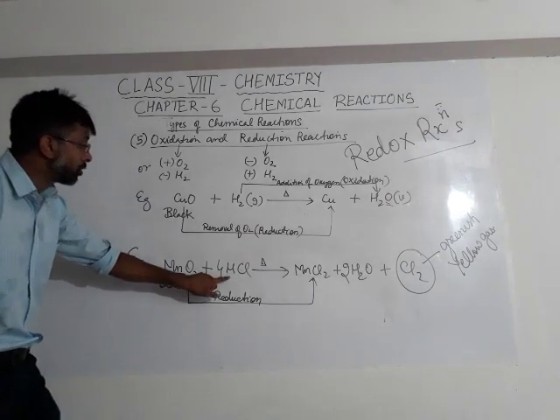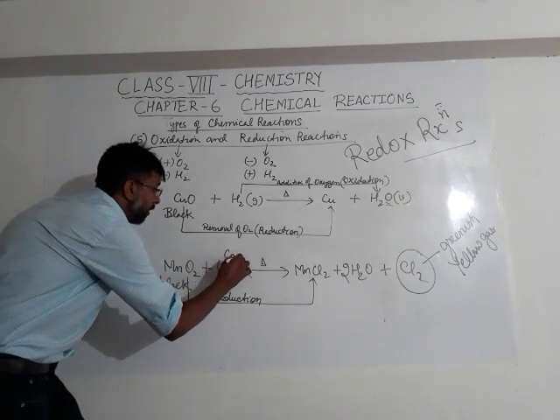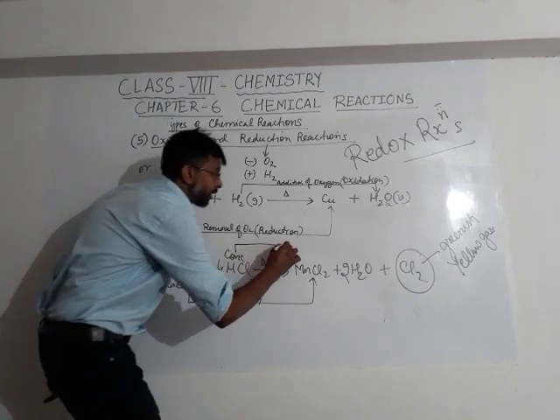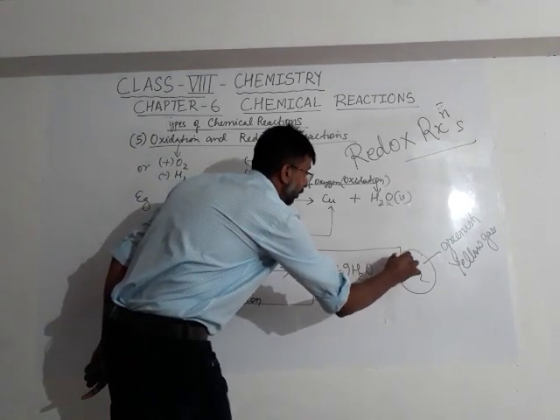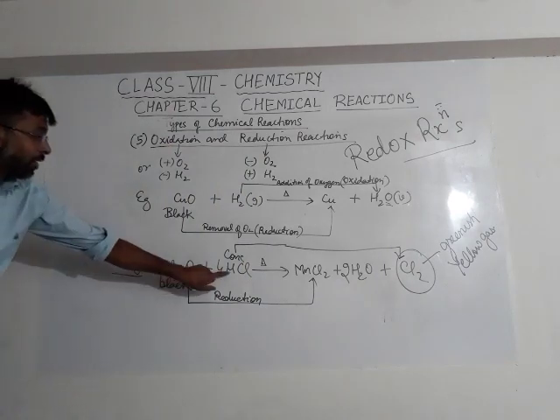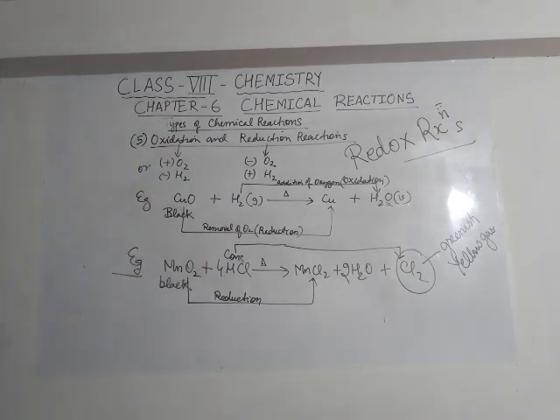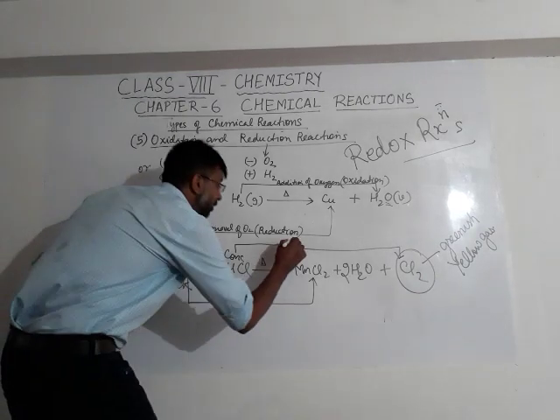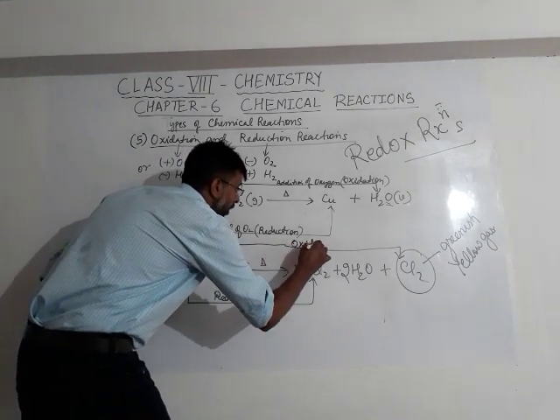Now this concentrated hydrochloric acid is becoming chlorine from HCl. Hydrogen is kicked out, and loss of hydrogen is oxidation.